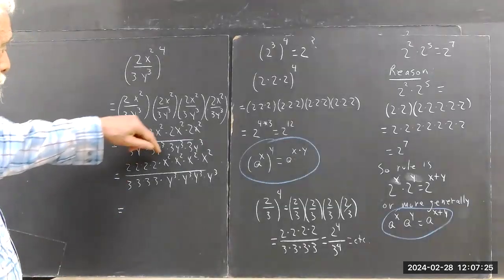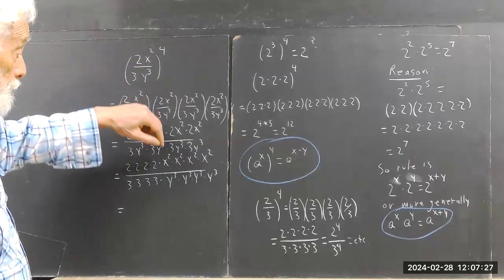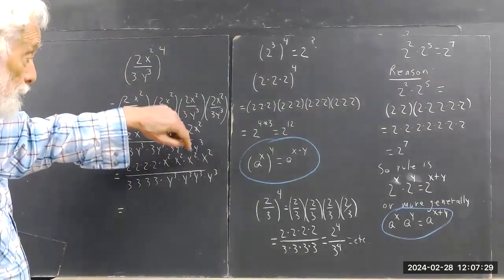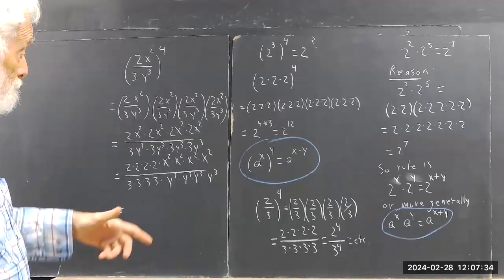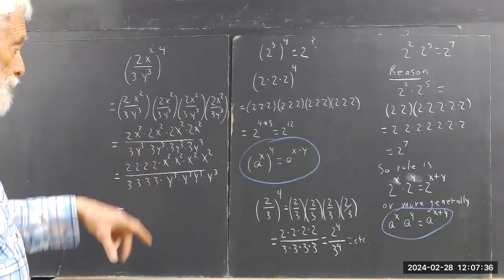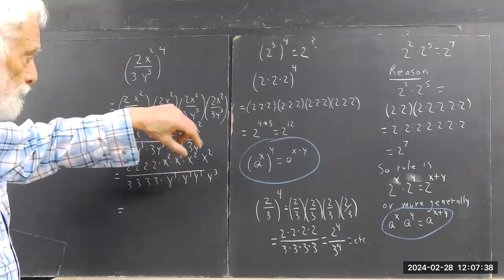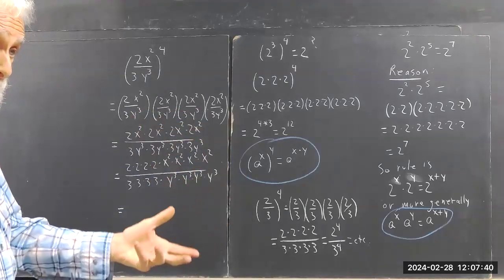Now I could write all my x squared as x times x, x times x, x times x, x times x, right? And I could write my y cubes as 3 y's and 3 y's, 3 y's and 3 y's and count them up.